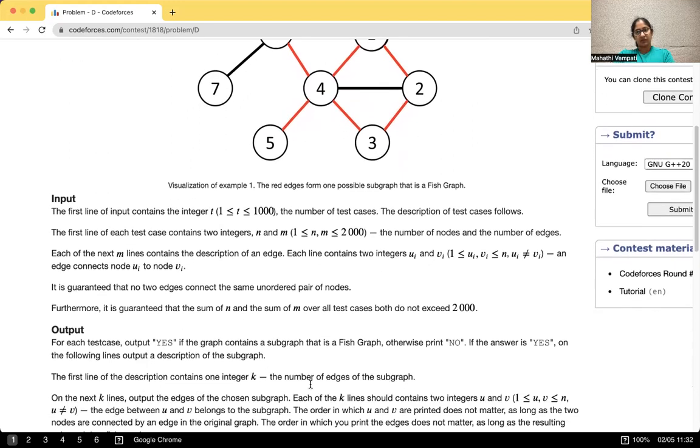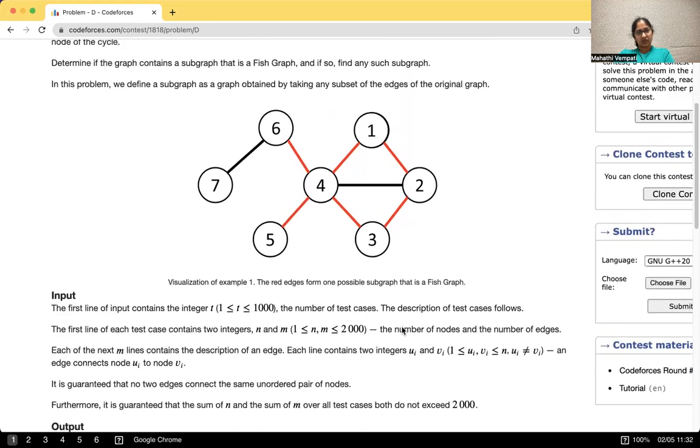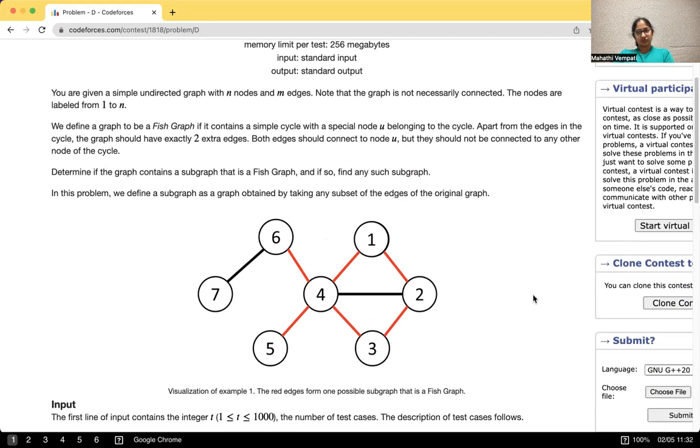Edges form one possible fish graph. Both edges should connect to u, but they should not be connected to any other node of the cycle.